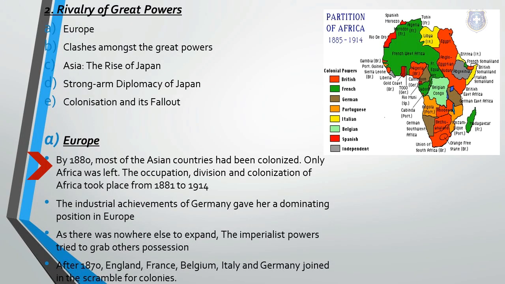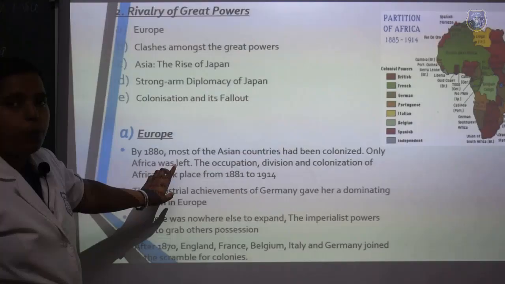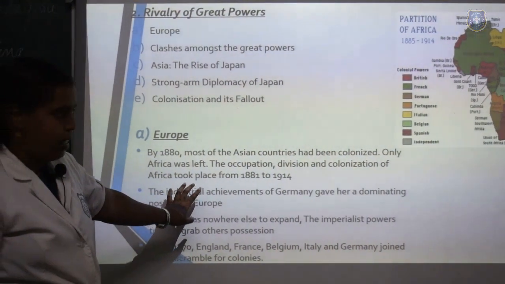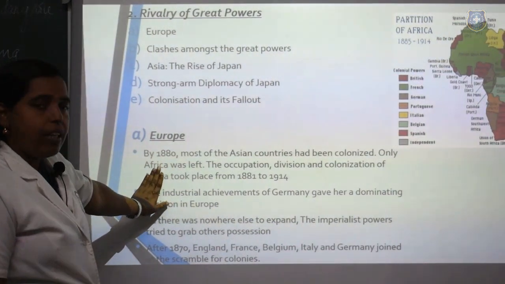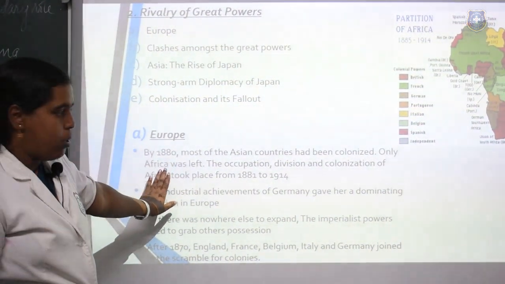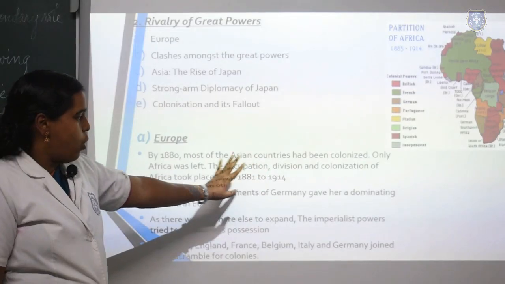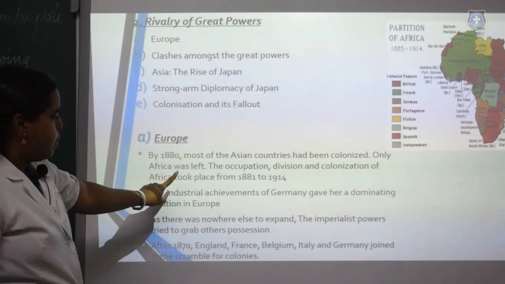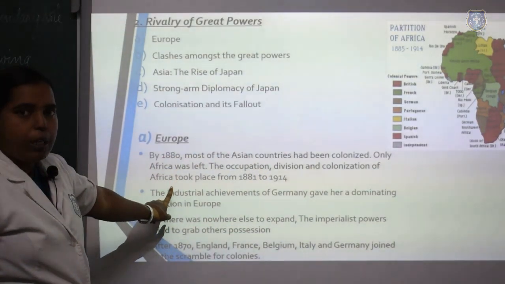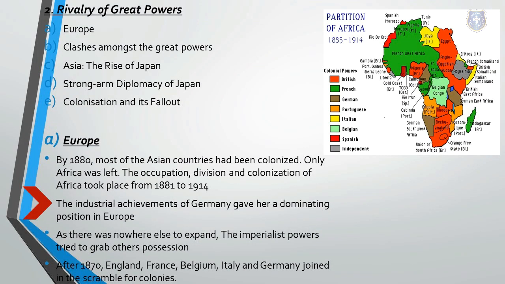In Asia, only Africa was left without being colonized or dominated. Africa is well known for its resources, but the occupation, division and colonization of Africa took place after the 1880s, that is 1881 to 1914. This was colonized by Europe. The industrial achievements of Germany gave her a dominating position in Europe.